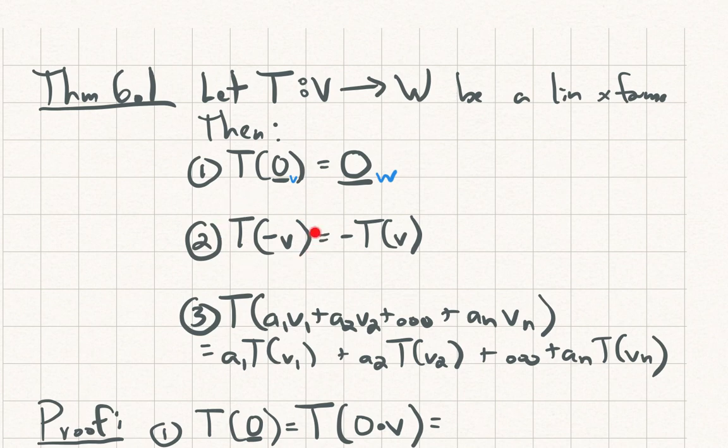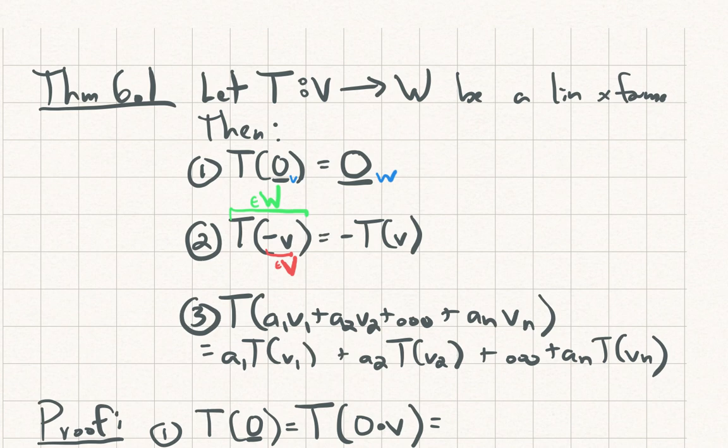And the second part is if you take the vector negative v and you apply the transformation to it, it's the same thing as if you apply the transformation to v and then took the negative of it. And just to be clear, negative v here is of course an element of the vector space V, and then you apply the transformation to it and you get something in the second vector space W, the target vector space.